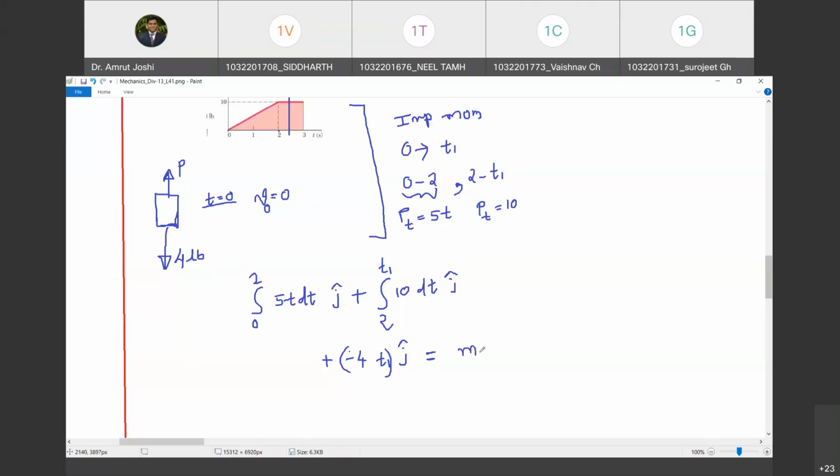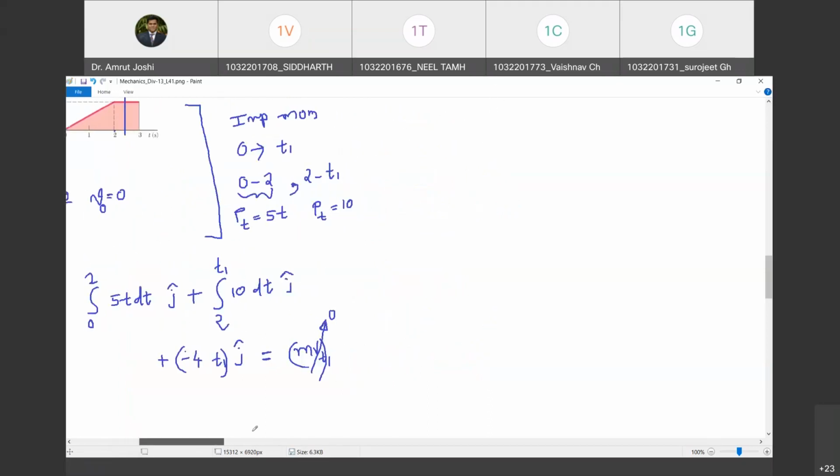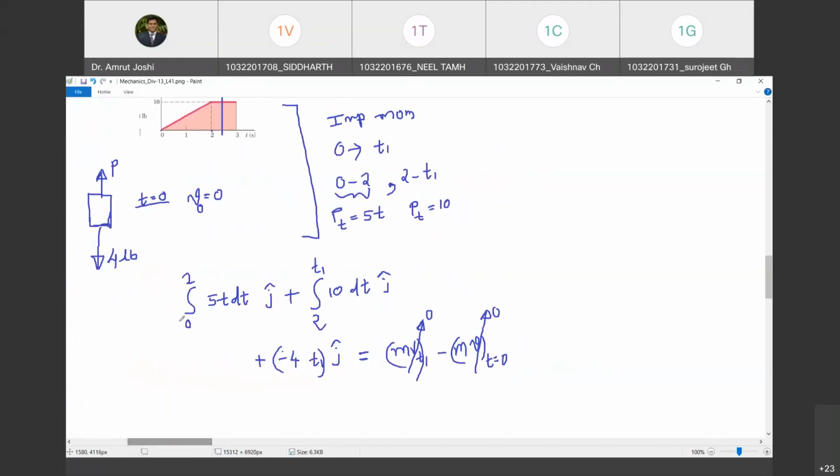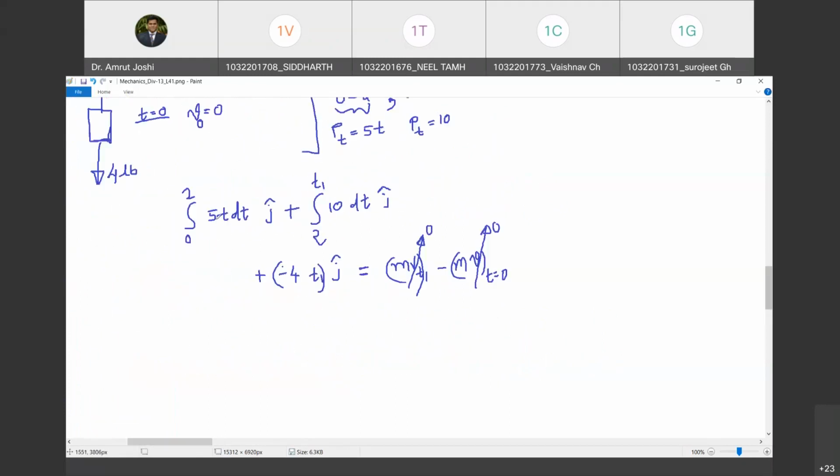But as I said, momentum at t1 is 0 because I want velocity at t1 to be 0. Do you agree with me? Yes, sir. And minus momentum at t equal to 0. This is also 0 because velocity at t equal to 0 is also 0. Do you agree with me? Yes, sir. So what is the equation that I get?